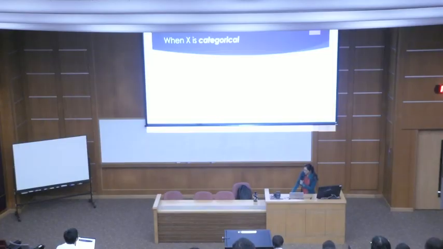So when x is equal to 0, that's our control group. That means that this is our B0. So it's the same idea. When x is equal to 0, this is the value of y. Here, when it's categorical, when x is equal to 0, in other words, when x is the control, this is the value of y. And the slope becomes the difference between the group means.